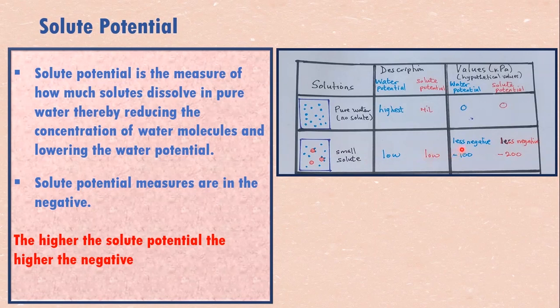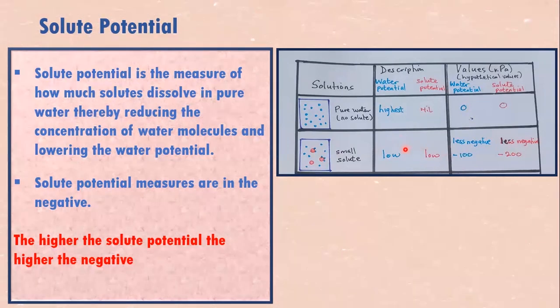In pascals, pure water has 0 water potential. When the water potential is low, it means it's lower than 0, so it's also negative. And solute potential is also always negative. So this solute potential is low, so the negative is low.